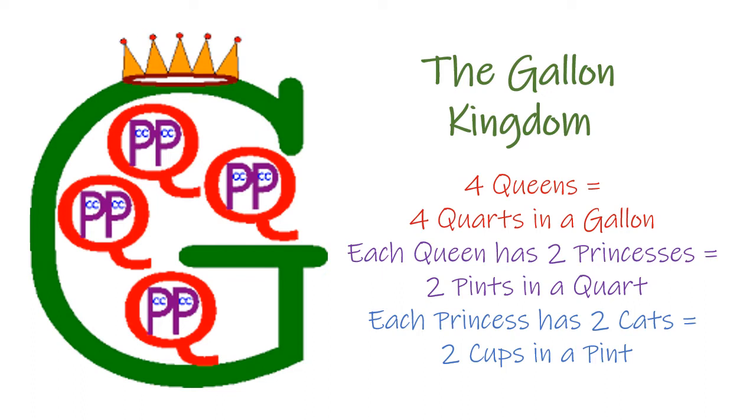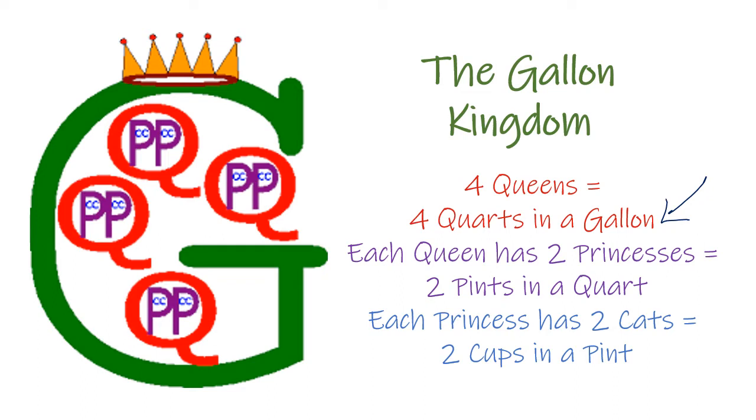And inside the gallon kingdom, there were 4 queens. So these 4 queens, or the 4 Qs, that stands for 4 quarts in a gallon. Each queen has 2 princesses.